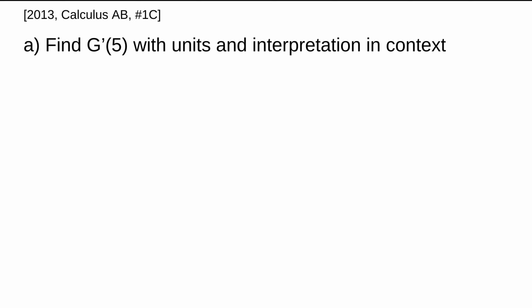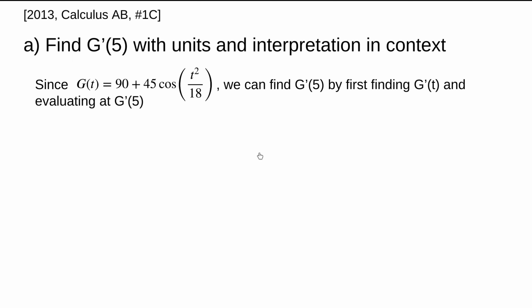In part A of this question, we are asked to find g prime of 5 with units and the interpretation of this value in context. So we're given the function g of t, that is 90 plus 45 cosine of t squared over 18. We can find g prime of 5 by first finding g prime of t and evaluating g prime of 5.